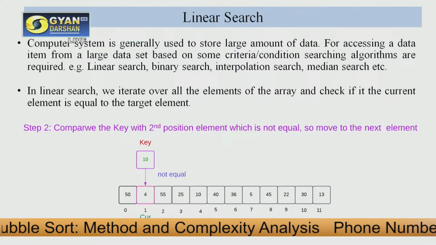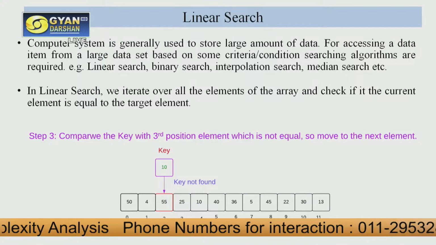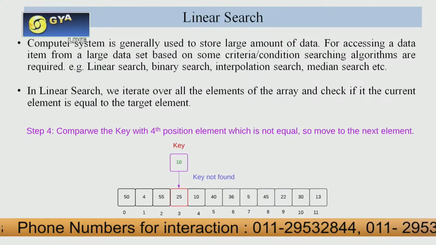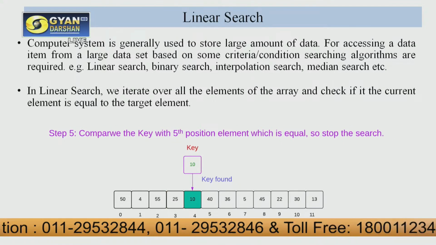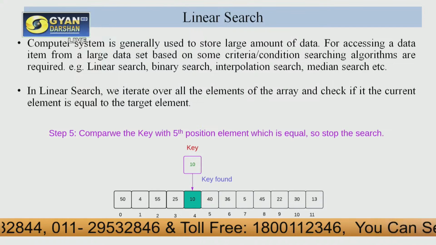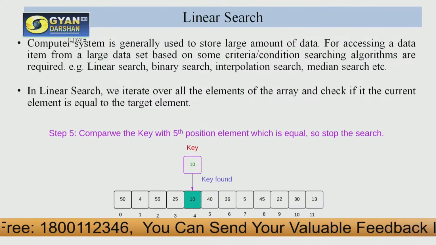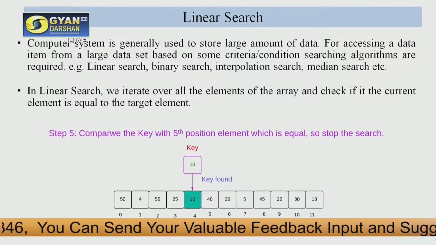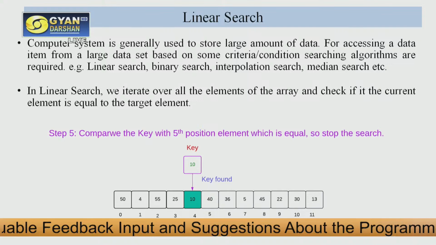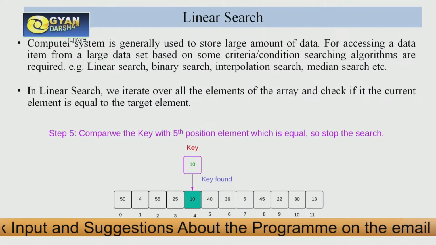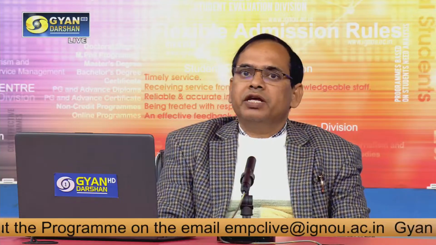So we move to the next position, and so on, till we reach the location where the key matches the element to be searched. Now we can display a successful message that this particular key is present at this particular location in the list of elements. That is how linear search works.